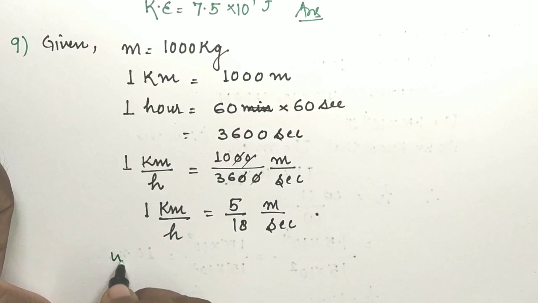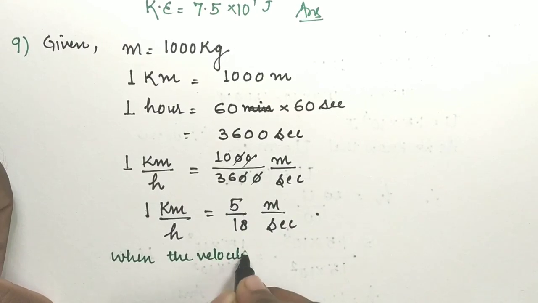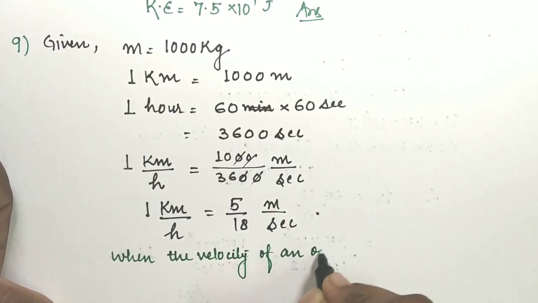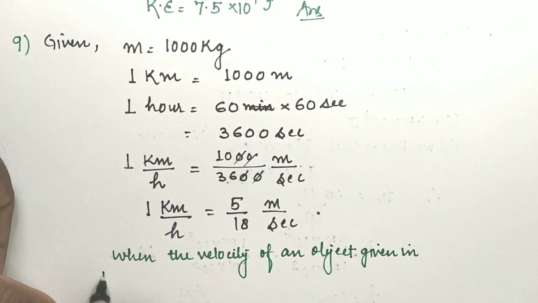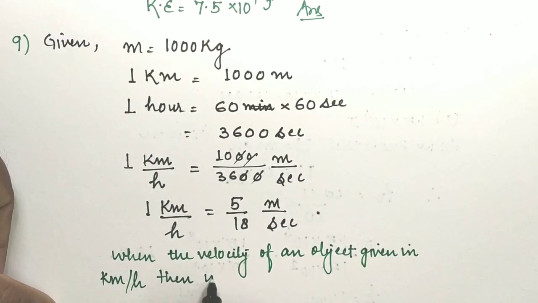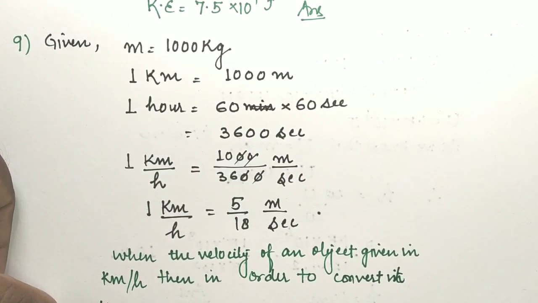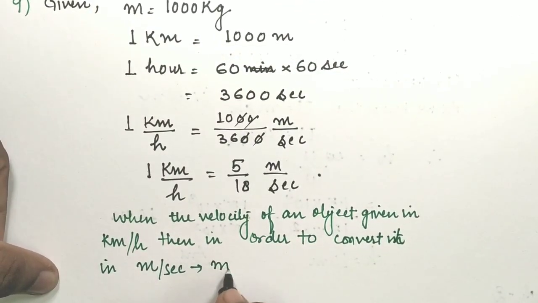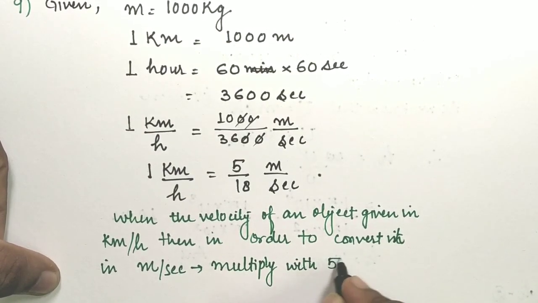What I am saying is that when the velocity of an object is given in kilometer per hour, then in order to convert it in meter per second, multiply with 5 by 18.